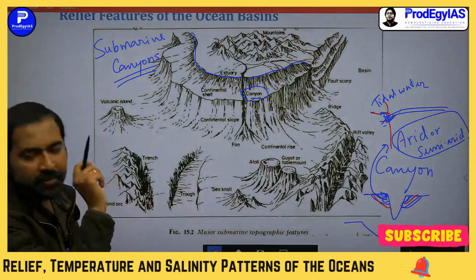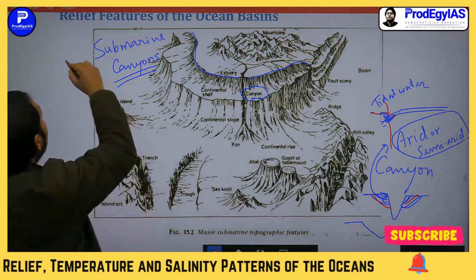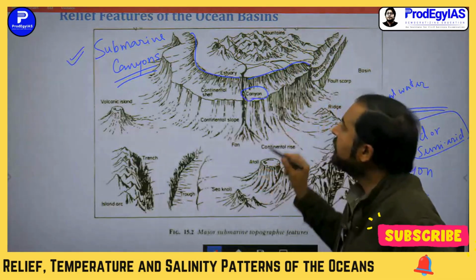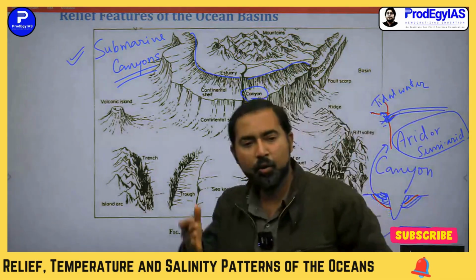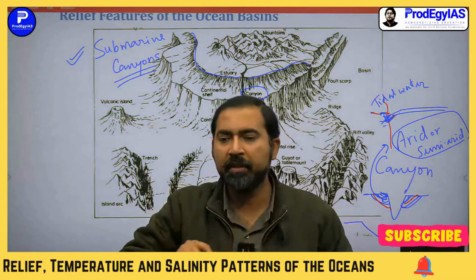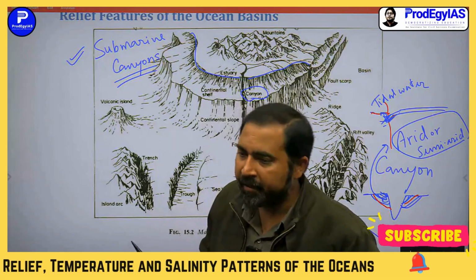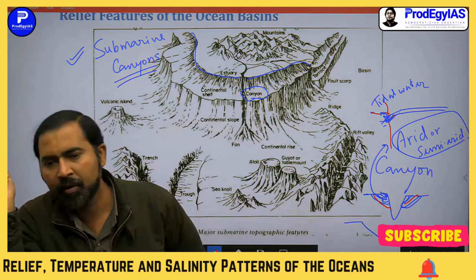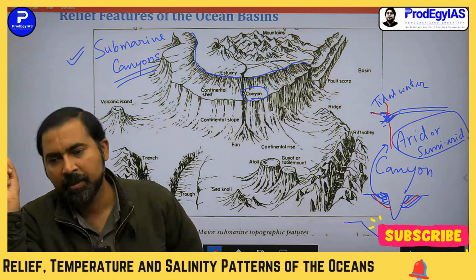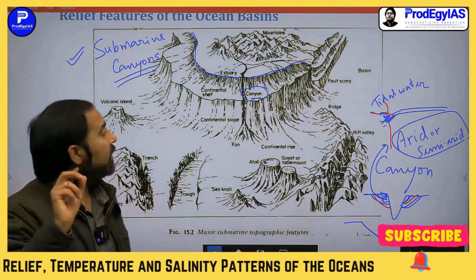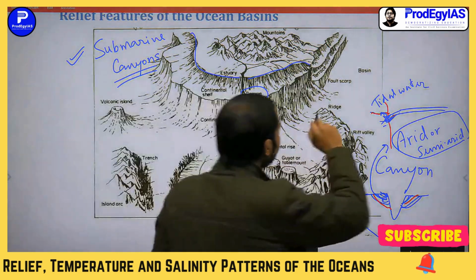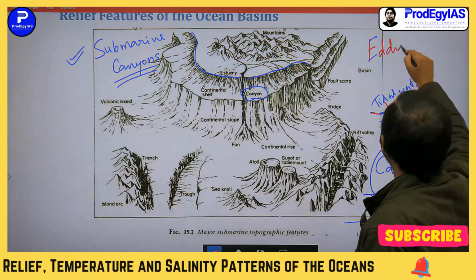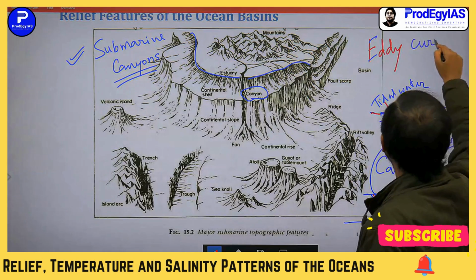So submarine canyons are there, and they start from the continental shelf area to the slope up to the rise area. Many types of theories have been put forward for these submarine canyon formations. It is believed that they are made by eddy currents.